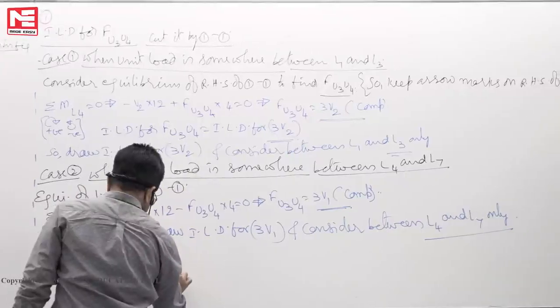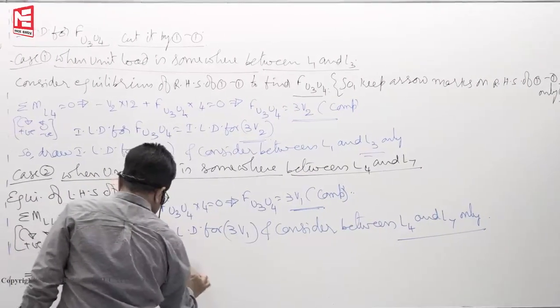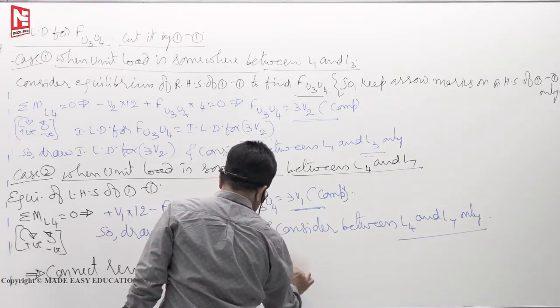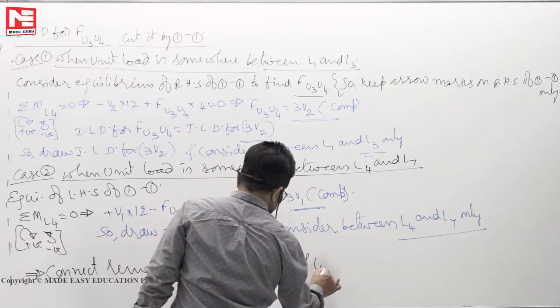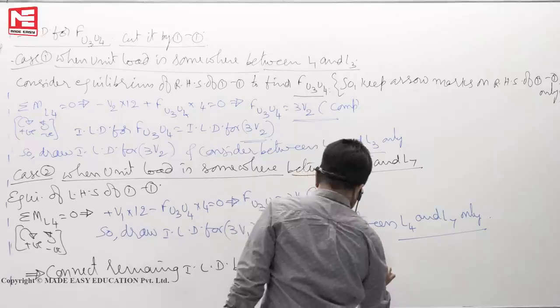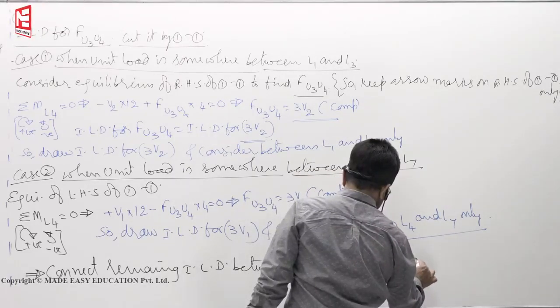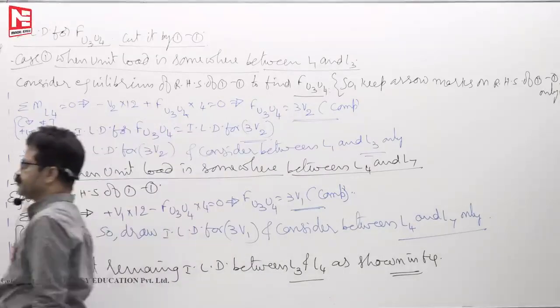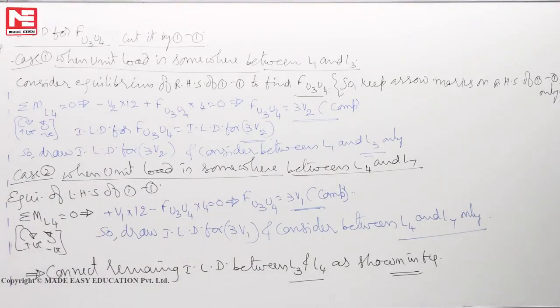Connect the remaining ILD between L3 and L4 as shown in the figure. So like this we get the influence line diagram.